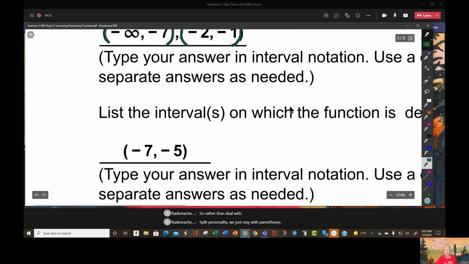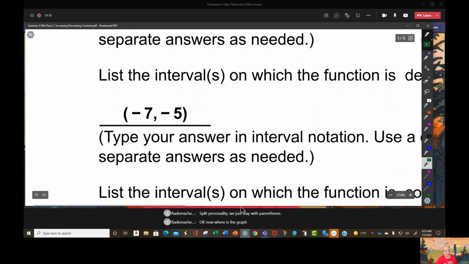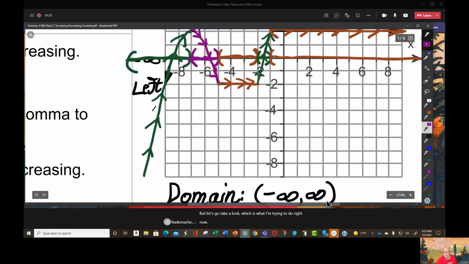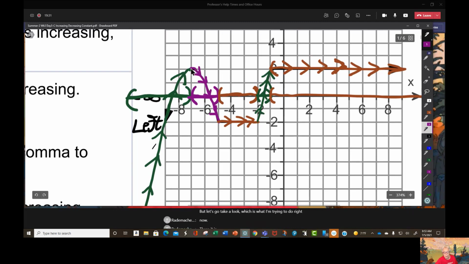Okay, now where is the graph decreasing? You can see it right there. But let's go take a look, which is what I'm trying to do right now. There it is. We've only got one place where the graph is going down. That's decreasing.